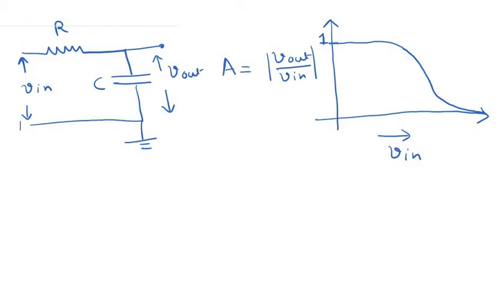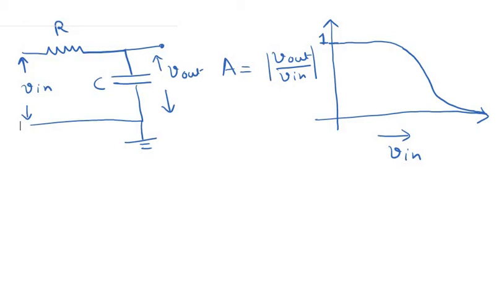Okay, so this circuit basically acts as a low pass filter, which basically means that it passes the entire low frequency component to the output, because when omega is low, the magnitude of V out is equal to the magnitude of V in. So it is passing the low frequency components of the signal to the output.